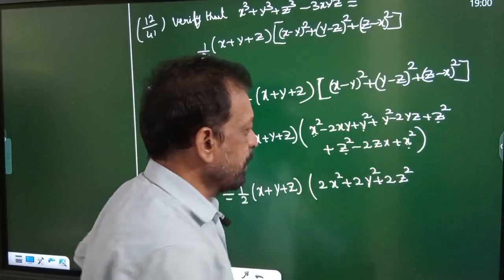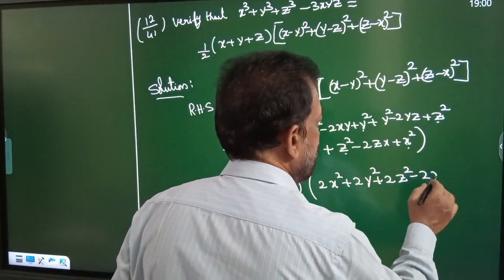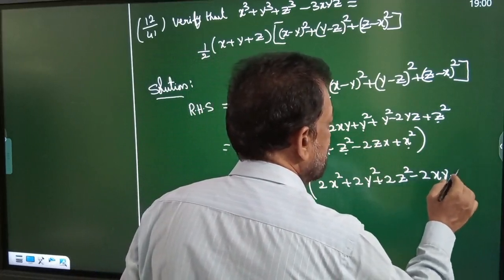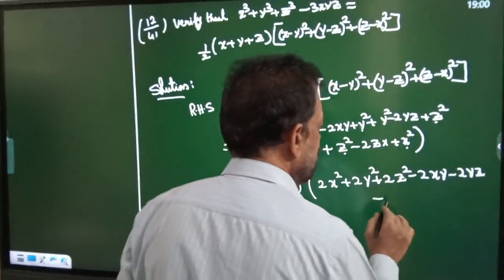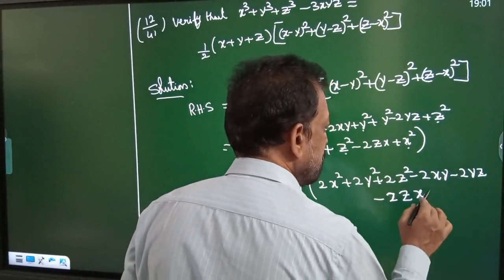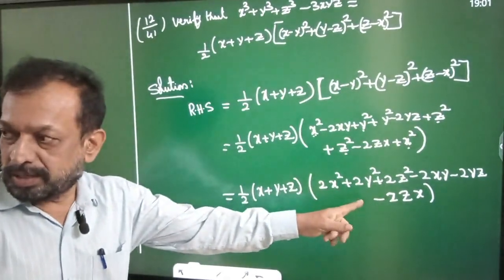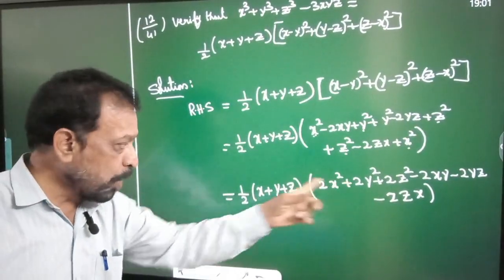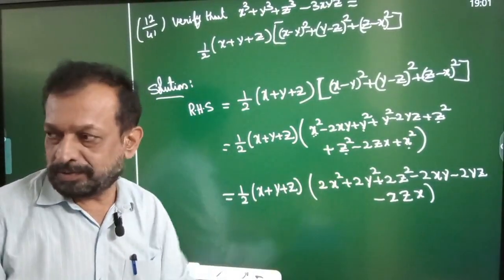This is nothing there. So I can take minus 2xy minus 2yz minus 2zx. Everywhere 2 is common. This is a product, I can take 2 common out. 1 by 2 can be divided into this.